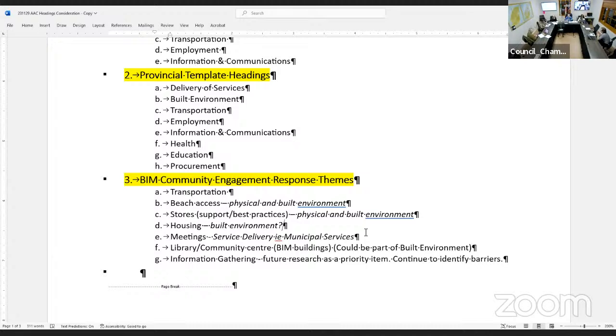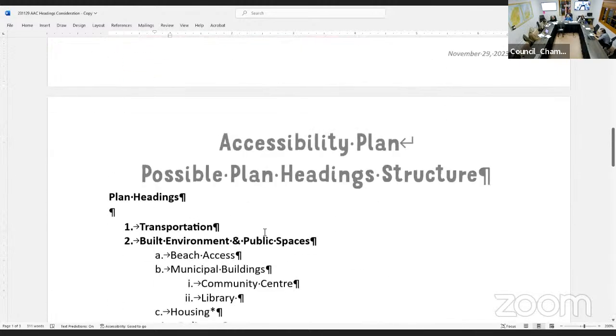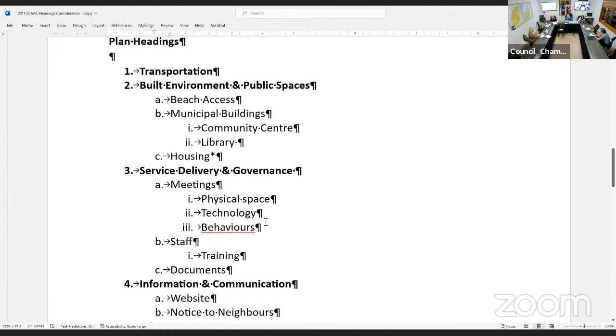I guess it depends what the recommended actions are. In that Port Coquitlam plan, there's a couple of pages on housing.